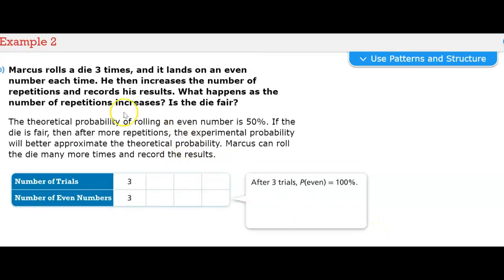So the first 3 times that he rolled the die, it landed on an even number. So that's where they got 3 and 3. So as of right now, 100% of the time he rolled an even number. Then if he rolls it 10 times, he gets 7 even numbers.